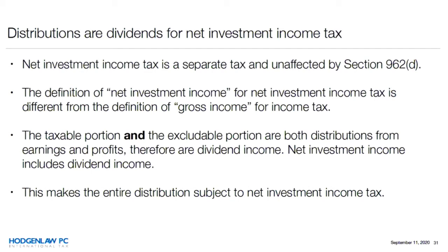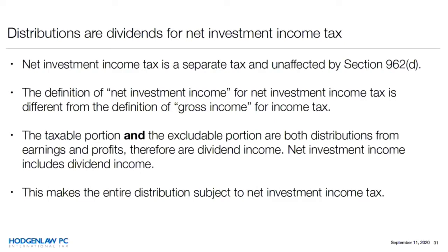So the first thing we look at is that. What is a dividend? Well, a dividend for net investment income definitions is a distribution from earnings and profits of a corporation. And for net investment income, it does not matter whether the distribution came from previously taxed earnings and profits or previously untaxed earnings and profits.